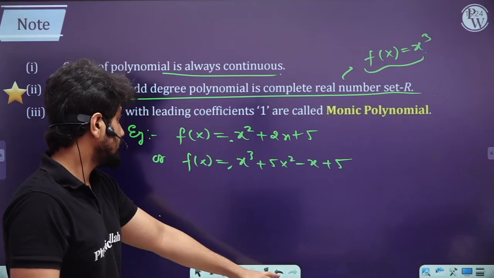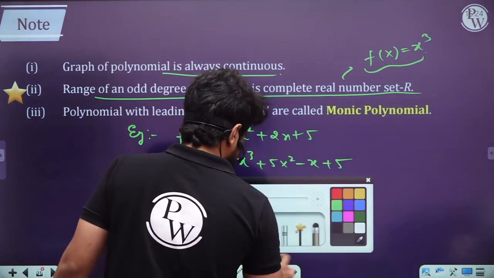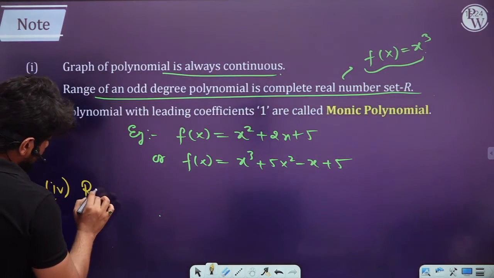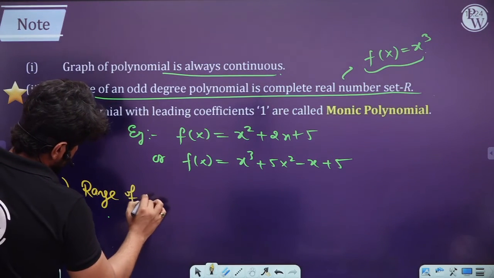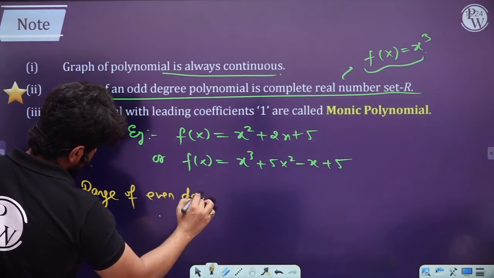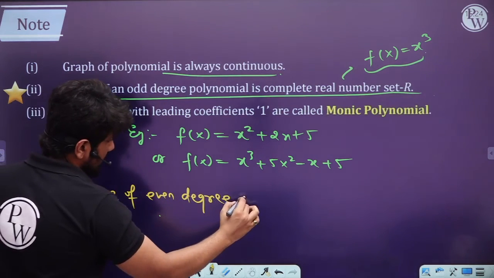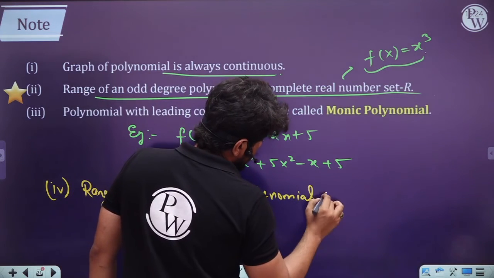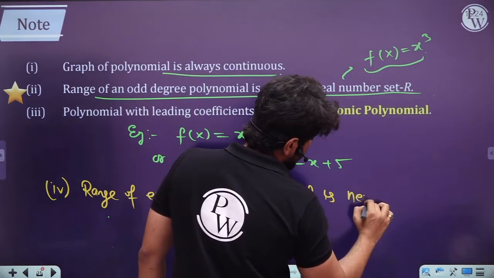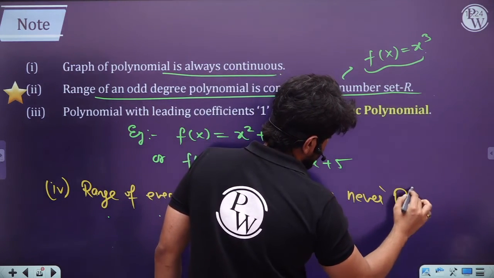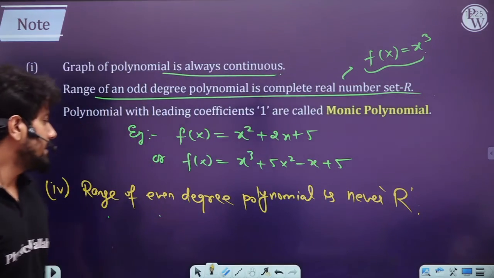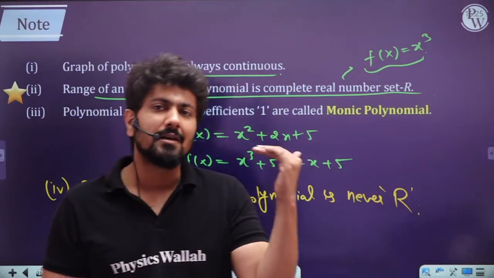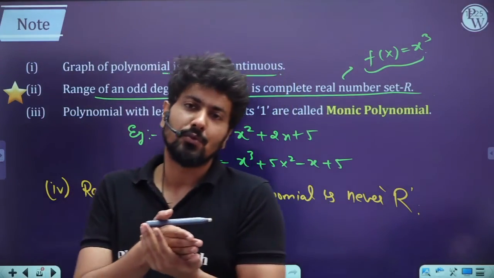You can add one more point in this. The next point is that the range of an even degree polynomial is never R. An even degree polynomial cannot have its range as all real numbers, as you have seen in the quadratic polynomial.